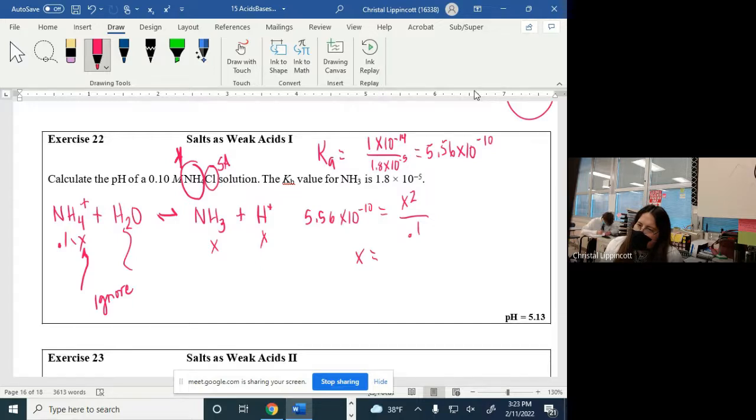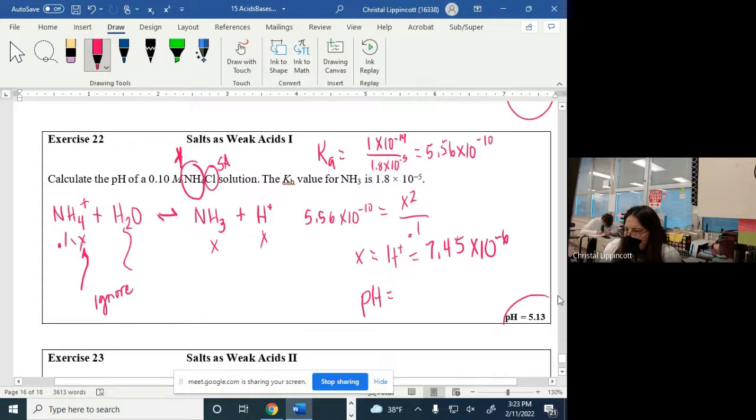So 5.56 times 10 to the minus 10 times 0.1, and then I am going to take the square root of it. That tells me that my H plus concentration equals 7.45 times 10 to the minus 6. How do I find my pH? I'm going to take the negative log of this value, and here's my answer.